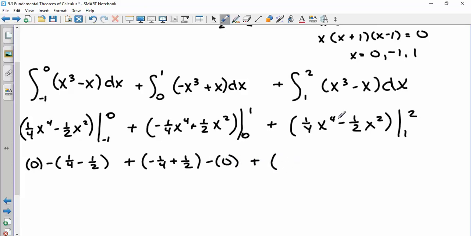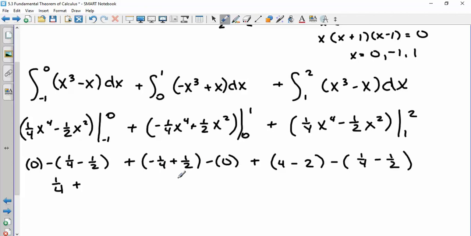If I put in a 2, 2 to the 4th is 16 times 1/4 is 4. 2 squared is 4 times 1/2 is 2. Put in a 1, you get 1/4 minus 1/2. That's like 1/4 minus 2/4. So you get negative 1/4. The negative in front makes that a positive 1/4.